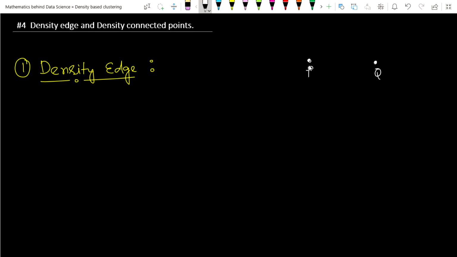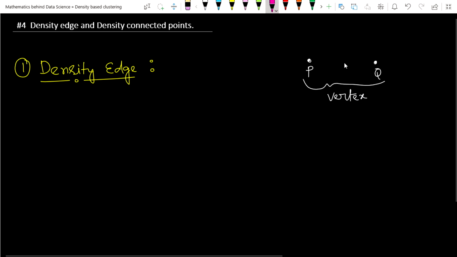But in graph theory, the points are called vertices, and the connection between these two vertices is called the edge.